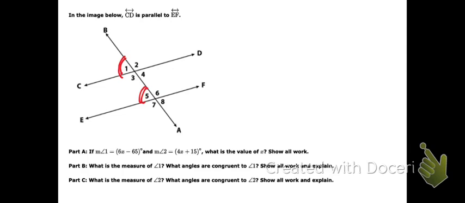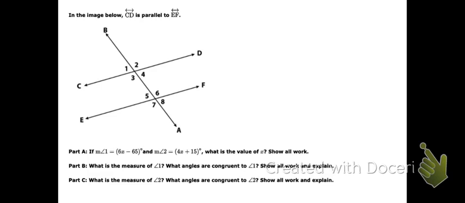They are both above the parallel lines, and they are both to the left of this line B. They're in the same spot. So those are called corresponding angles, and corresponding angles are congruent.